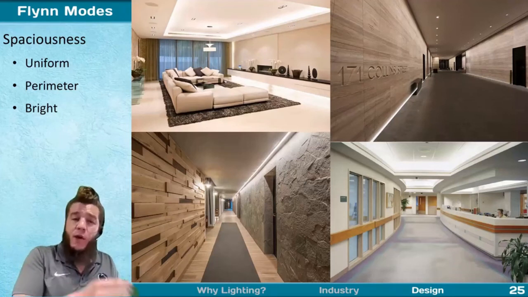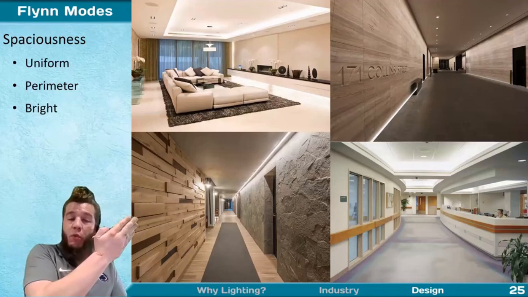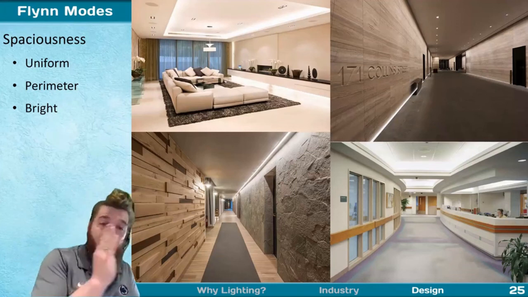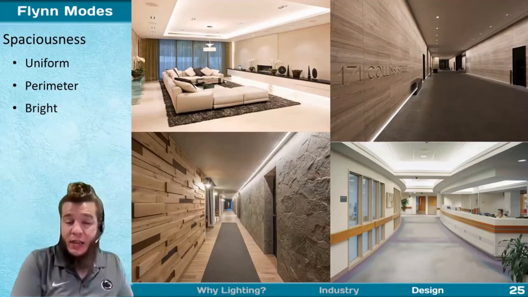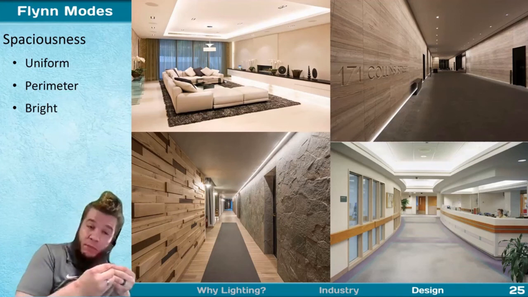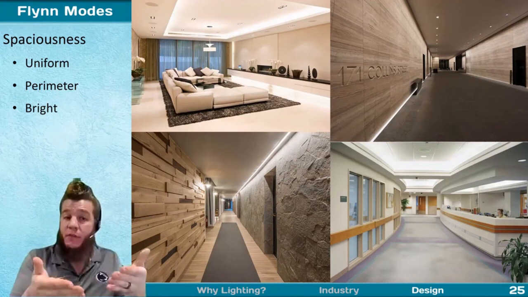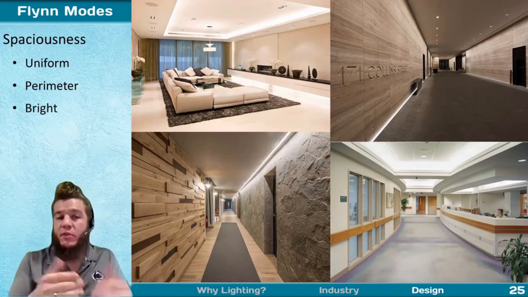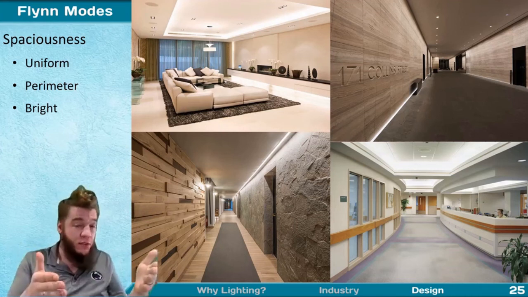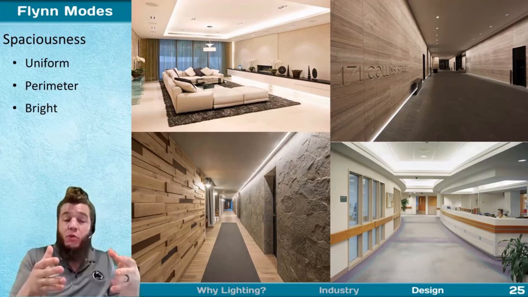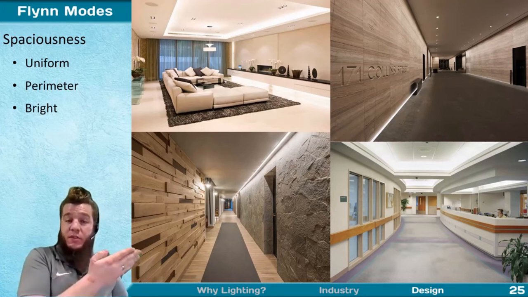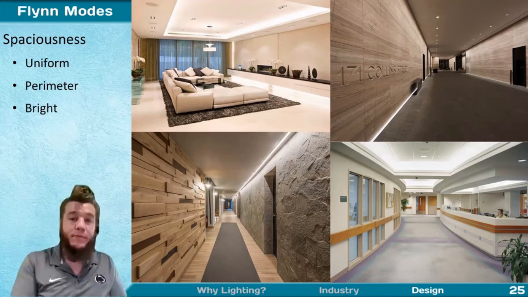So without this wall washer, just creating this line of light to guide you down the hallway, and it really pulls your sight lines down the longest dimension of this space. Otherwise, you'd be focusing on the walls close to you, and it would feel much more enclosed than it does in this photo here.